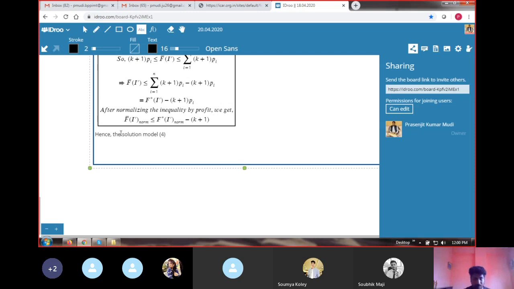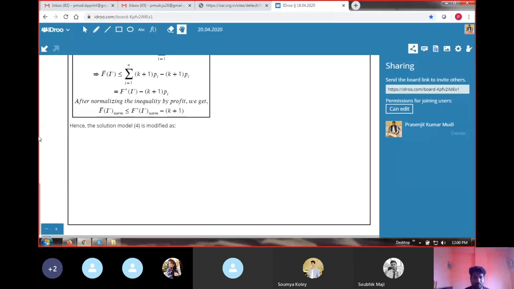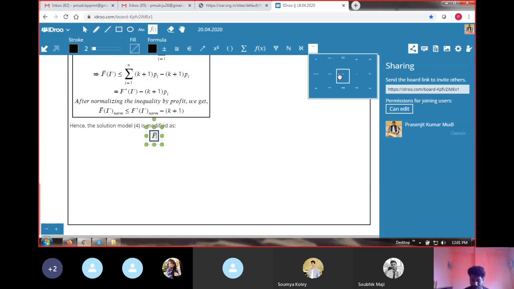Solution model 4 is modified. In 5 to 10 minutes we are coming to the end.